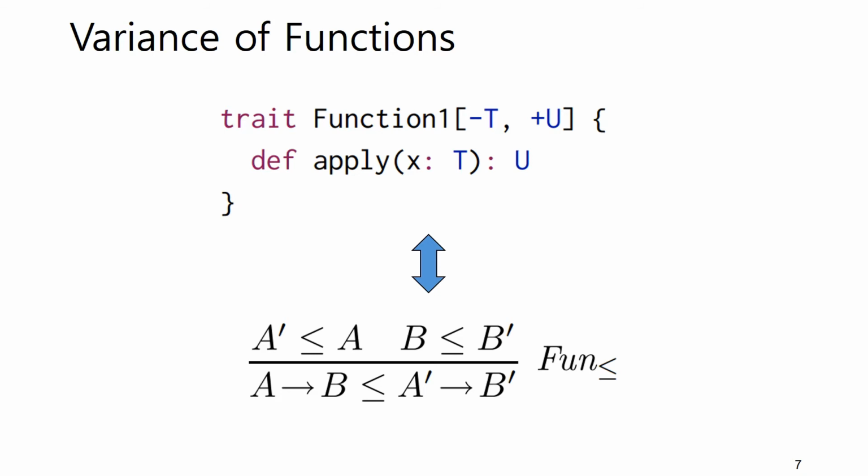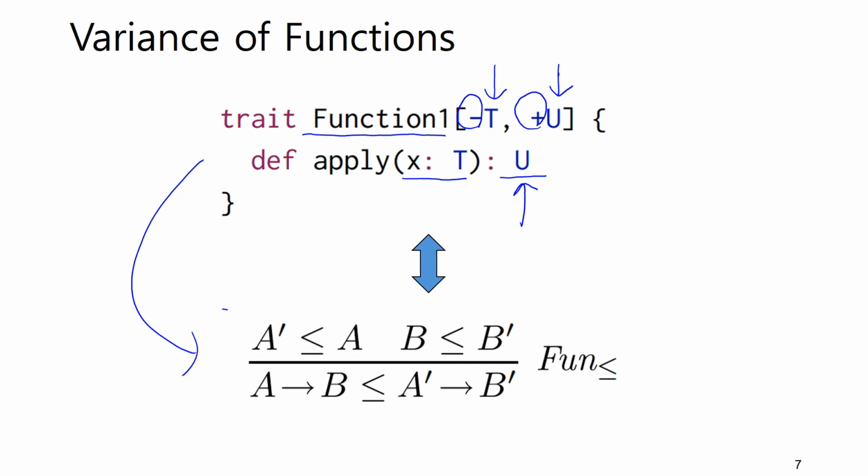Let's see an example of variance of types in Scala. So we have seen the trait Function1, which has two type parameters, T for the argument and U for the return type. And the argument type is declared as contravariant, and the return type is declared as covariant. And this is precisely the subtyping rule for function types that we learned from the programming language course.